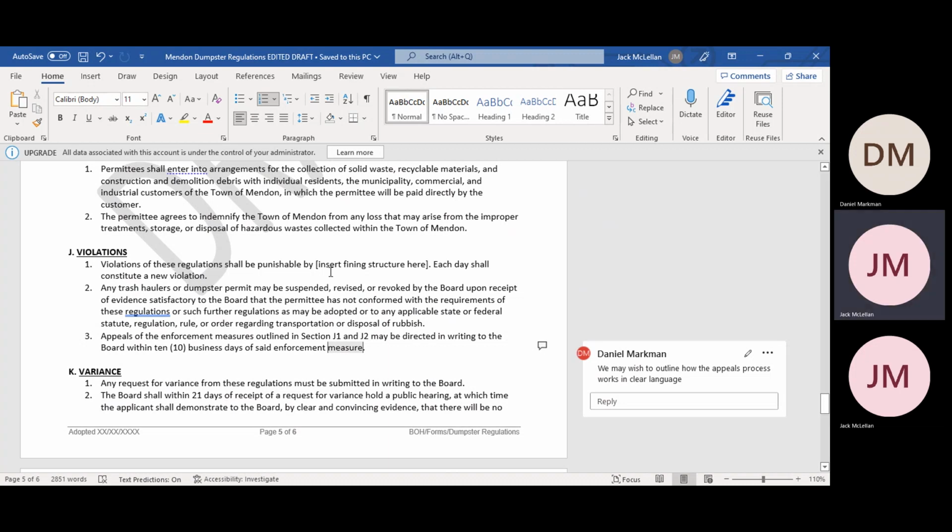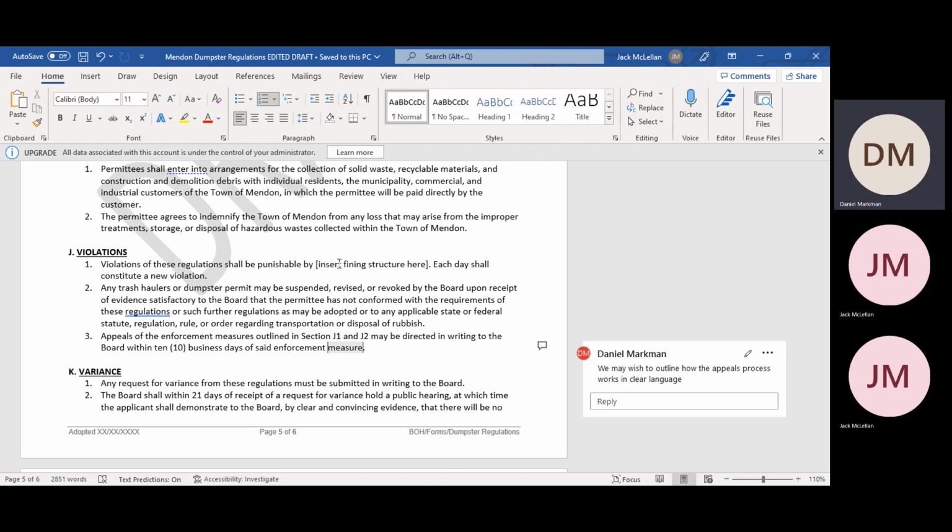Okay, so along with a fee structure, we're going to have to come up with a fine structure. Yeah, and in this section, if you wanted to have that power, you could also indicate who you want to have the power to fine. Because much like in housing code, you could fine the property owner in instances where the violation is clearly their doing.